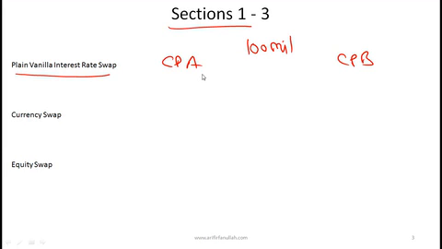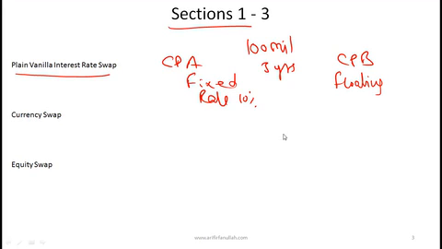Counterparty A is then going to make fixed rate payments. So based on the pricing and valuation that we discuss, let's say that over 3 years, counterparty A makes a 10% fixed payment at the end of every year, whereas counterparty B makes a floating payment based on some benchmark.